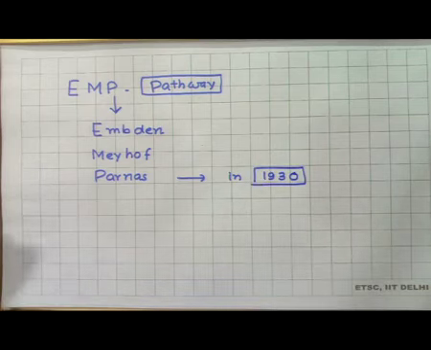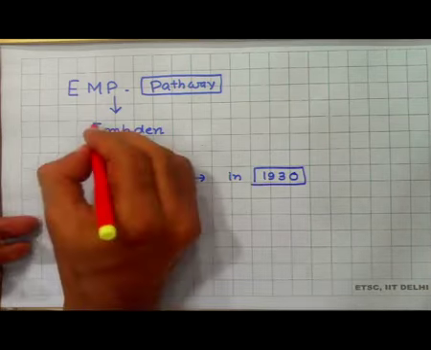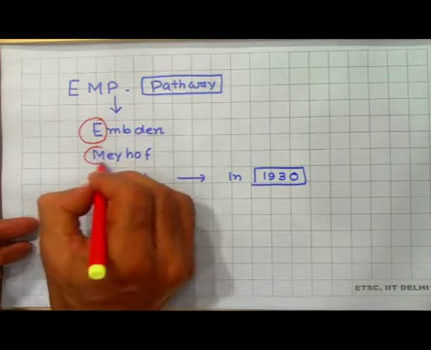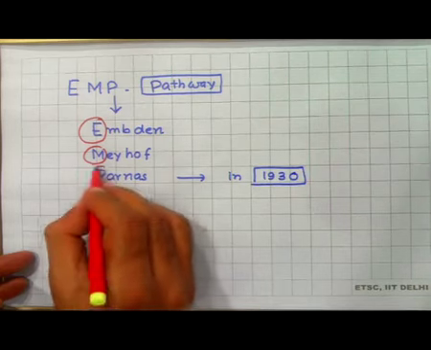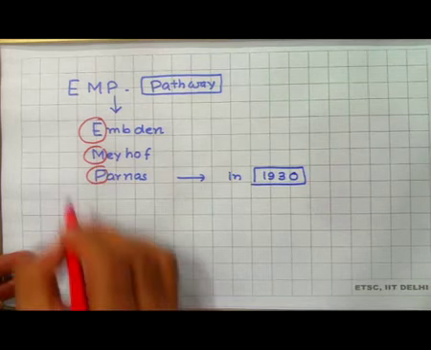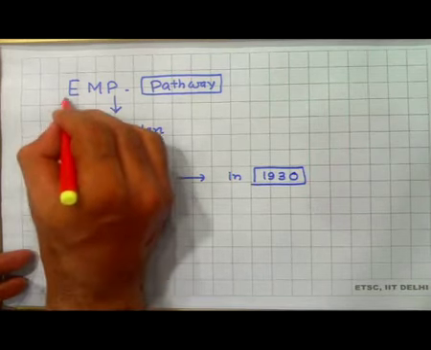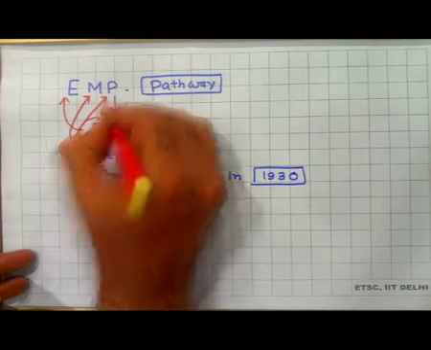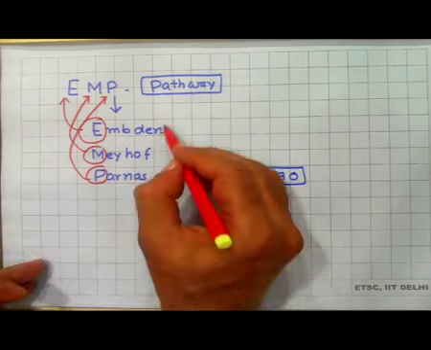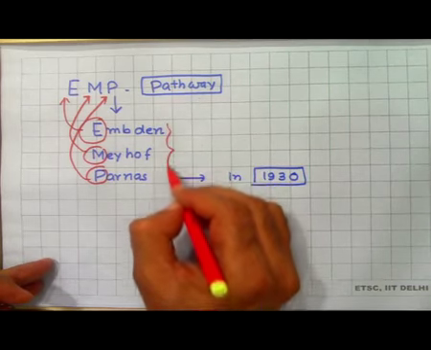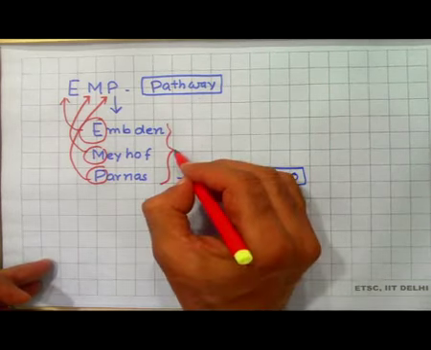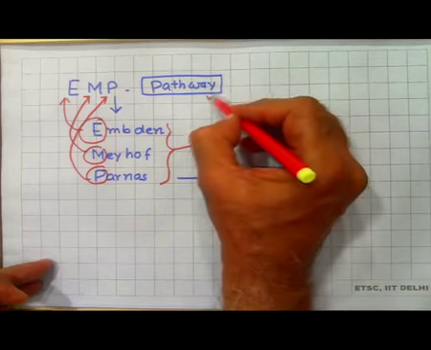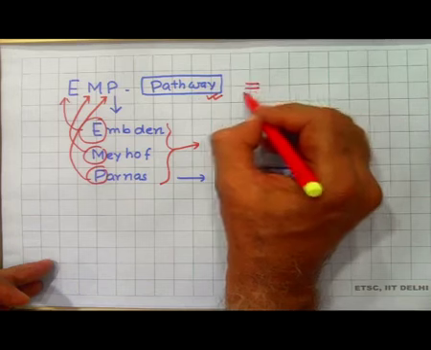So, the first letters of all 3 names give E M P. All 3 scientists, Embden, Meyerhof and Parnas, gave the pathway of glycolysis. So, this pathway is called the EMP pathway or glycolysis.